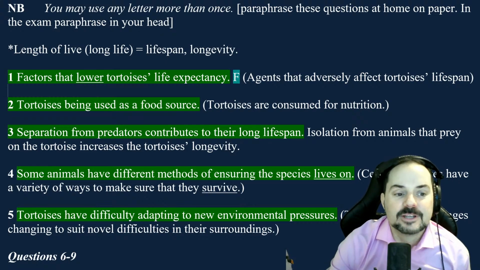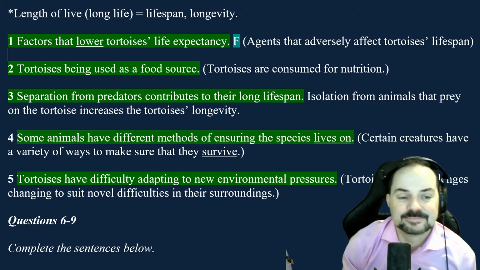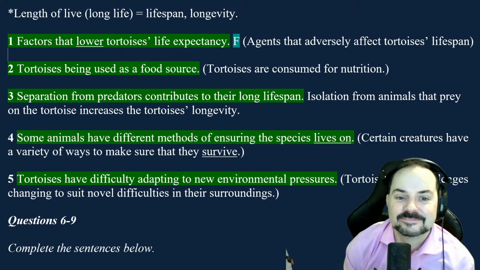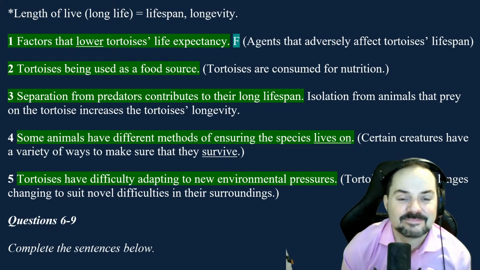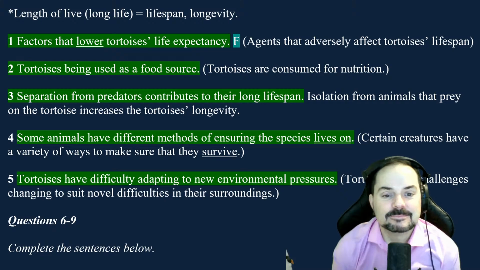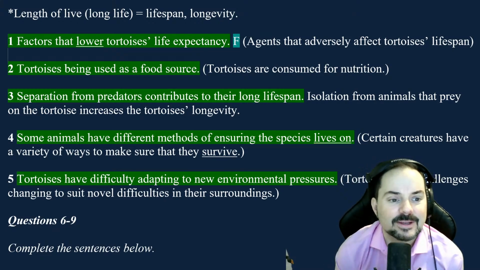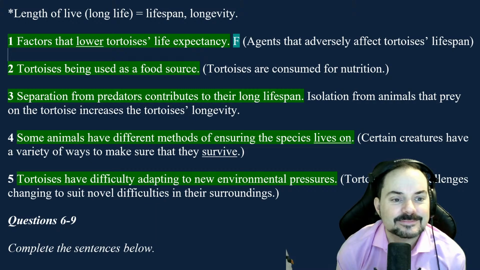Okay, number 2. Can you read that one for me? Tortoises being used as a food source. Okay, which paragraph is that? Letter E. Okay, it's maybe all about they are being used.